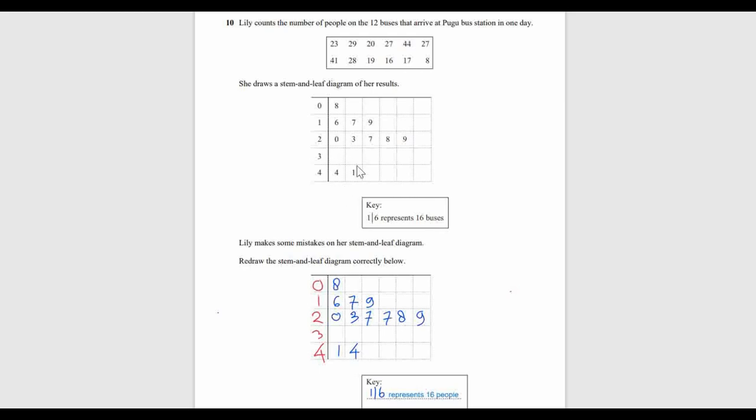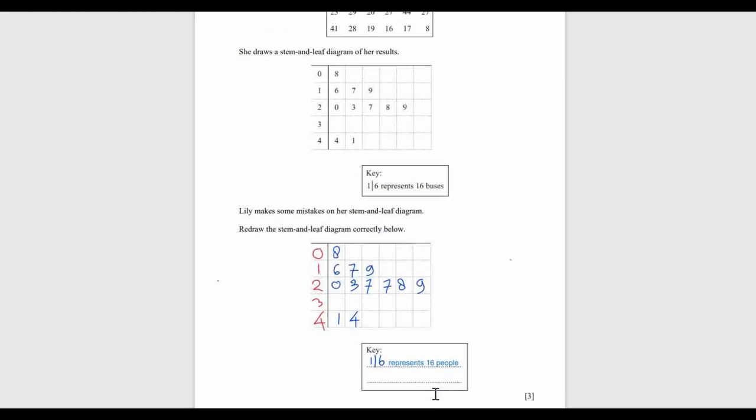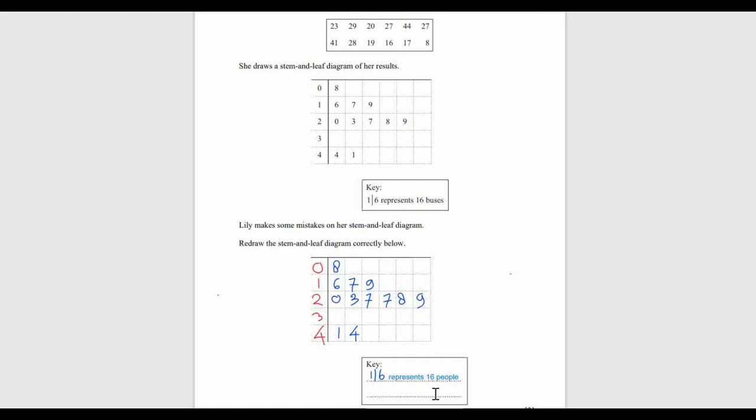And 4 and 1 has to be small, too big, so 41 and 44. 1 comes first and then 4, and then the key 16 represents the number of people, not buses. Number of people on the bus. So 16 represents 16 people. We hope it's clear. The answer for this one. Let's move on to the next question.